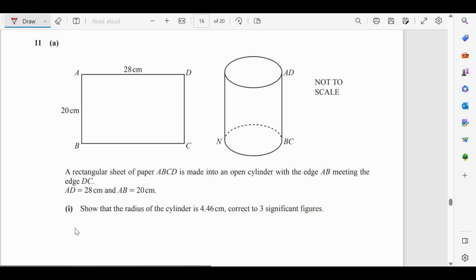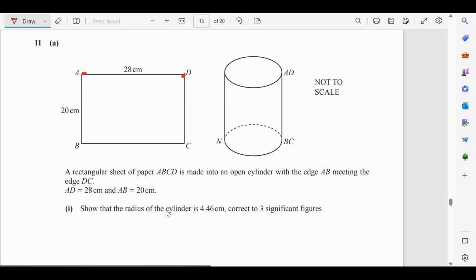Now AD is equal to 28 and AB is 20. So it means that this is the rectangular sheet of paper and they have to just close it and make a cylinder.